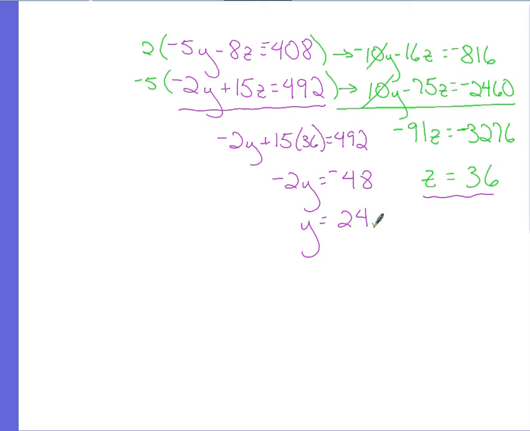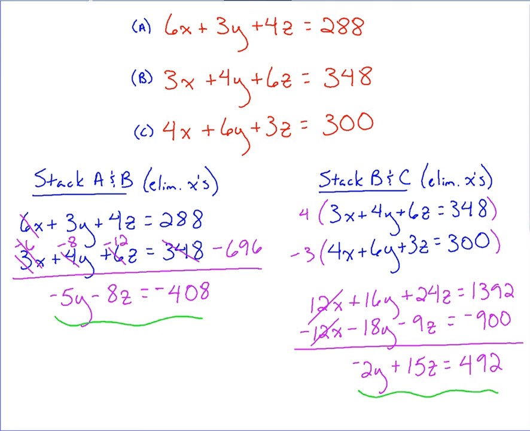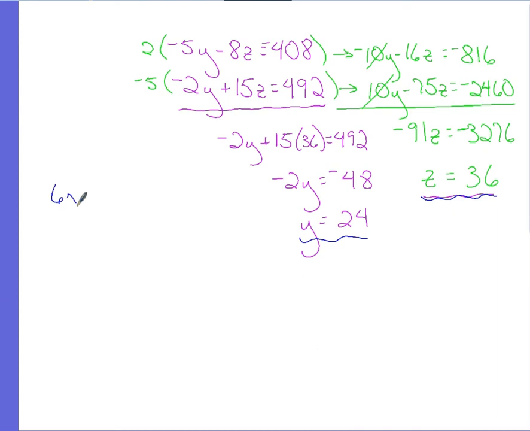So now we know our y, and we know our z, so we could go back. Oh, I don't know how far back we want to go here. Well, we could go back to the original equation, or we could go back to one of these equations, doesn't matter. Plug in for y and z and solve for x, right? So 6x plus 3y plus 4z. 6x plus, what was it, 3y and 4z. All right, so 3 times 24, 4 times 36, equaled how much? 288.